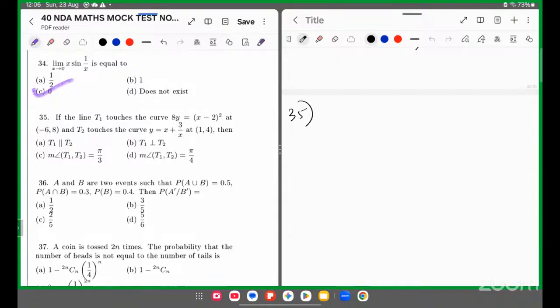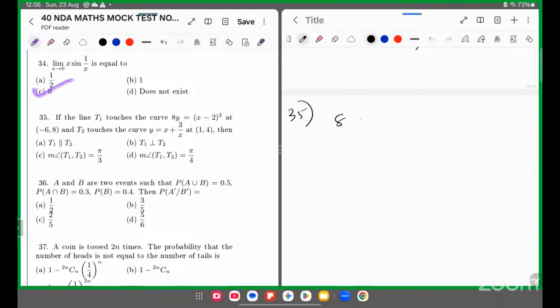Question number 35. If the line touches the curve y square equal to 8x at (1, 4) and touches the curve y equal to x plus 3 by x at 1 comma 4, then we can find the derivative, and the derivative will be the tangent slope at that point. So touches means it is a tangent.